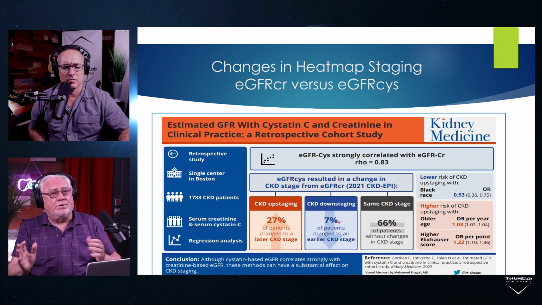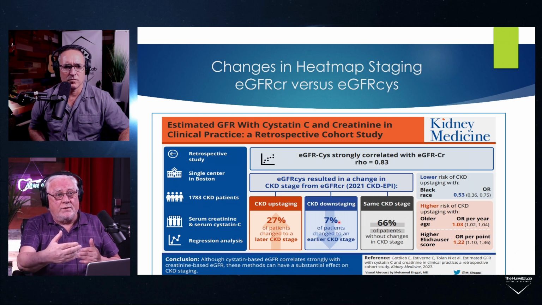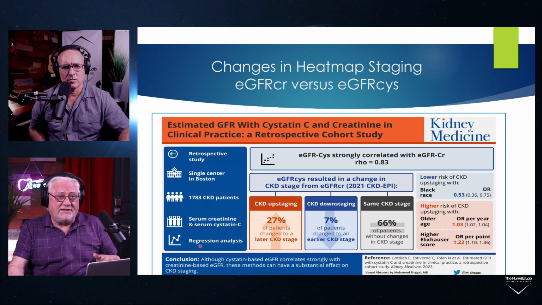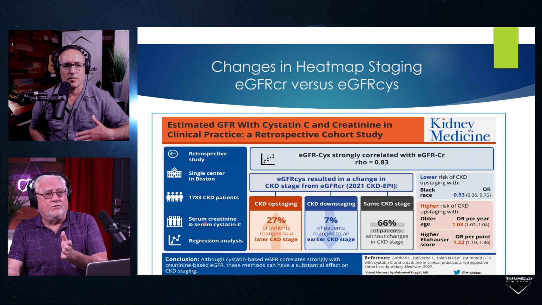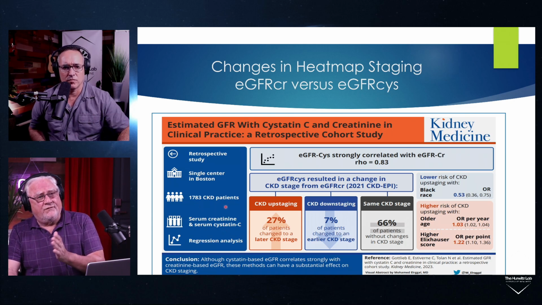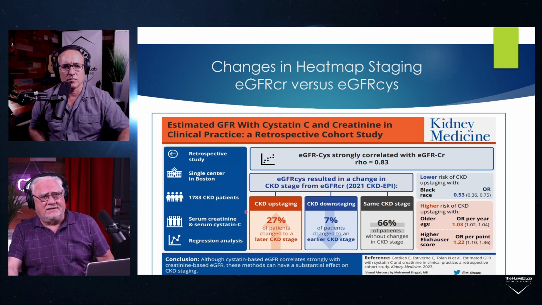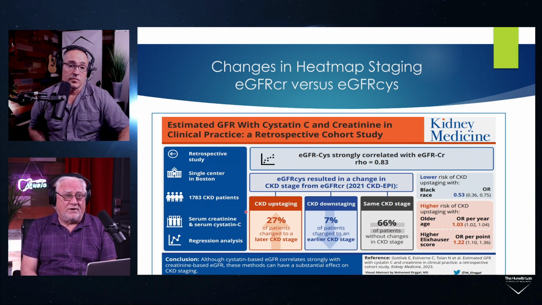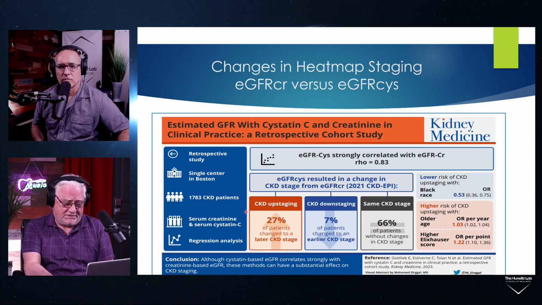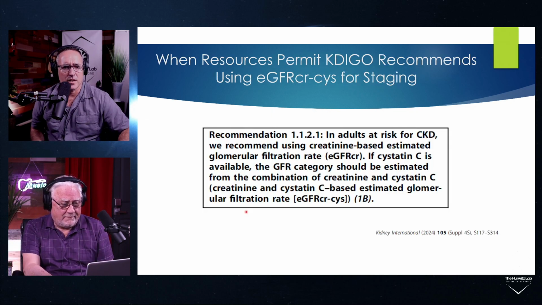About 7% would look as though they're lower risk, but about 27% of the patients would move to a higher risk cell if you were using the eGFR cystatin. Yep, no, that's excellent.